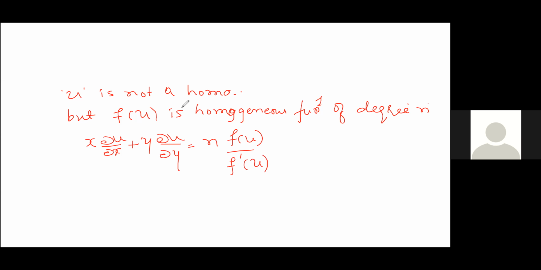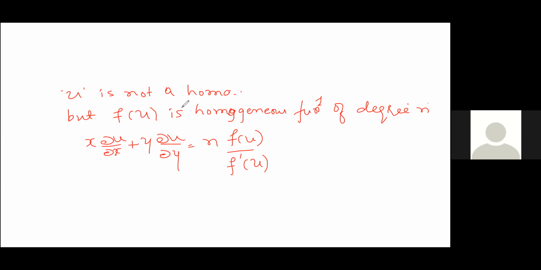So this is the extension of Euler's theorem. You already studied this one in first semester itself. Just try to glance at it. Whenever the function is not homogeneous, but f of u is homogeneous, then we can apply this extension of Euler's theorem.